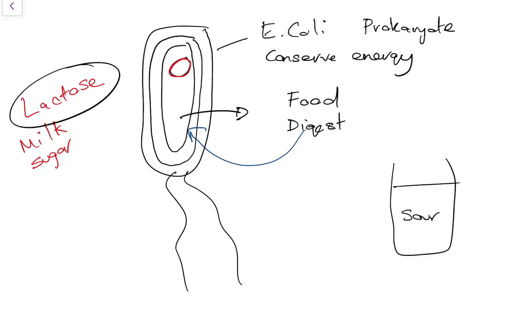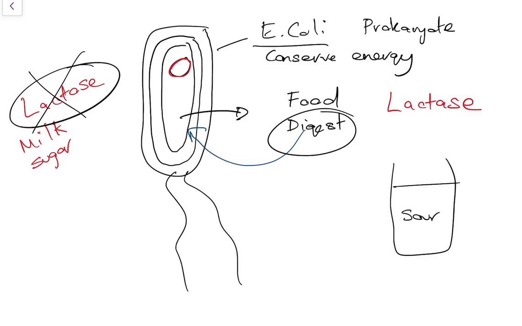So let's imagine there is no lactose around. Your E. coli is not in milk, it's not around any lactose. If that's the case, it's not going to want to make anything to digest. The enzyme that it needs to make is lactase.